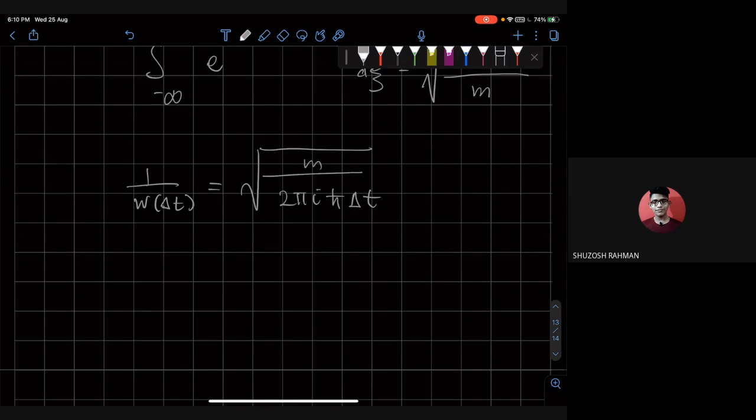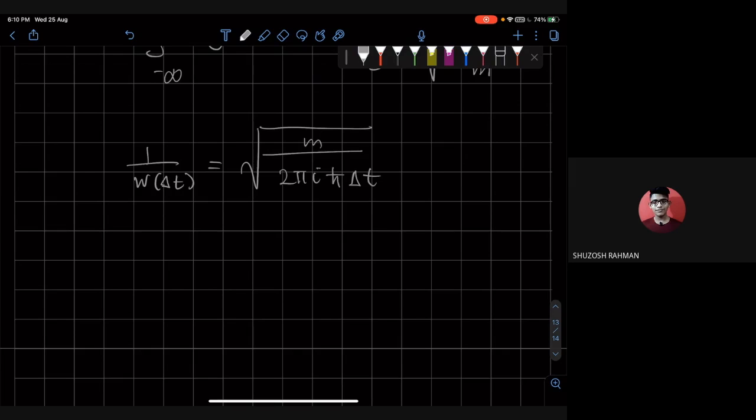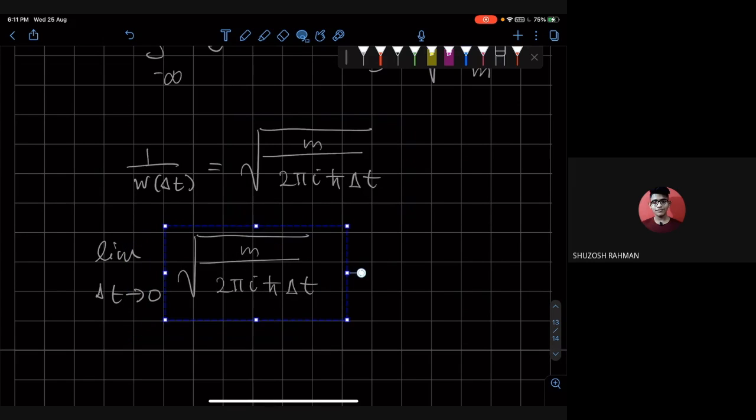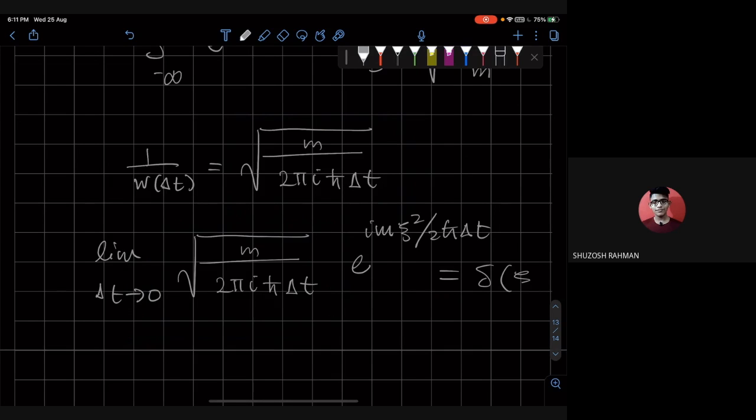Okay? And therefore, what we are using is that in the limit where delta t goes to 0, this factor, sorry, I'm being lazy, this factor times e to the power i m psi squared divided by 2 h bar delta t is nothing but the delta function.